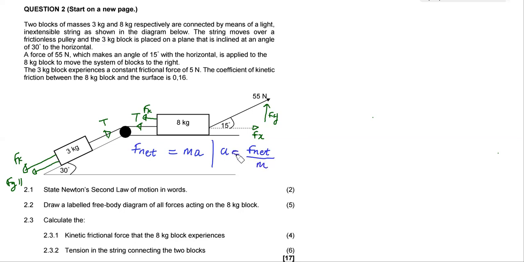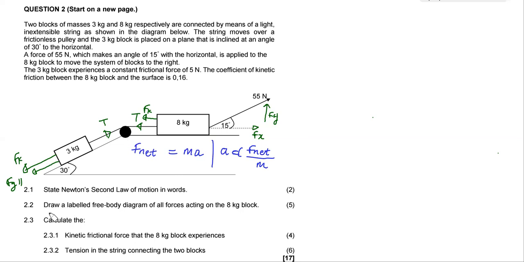So if we put the proportional sign, acceleration is directly proportional to F net, but inversely proportional to mass. So the bigger the mass, the lower the acceleration.